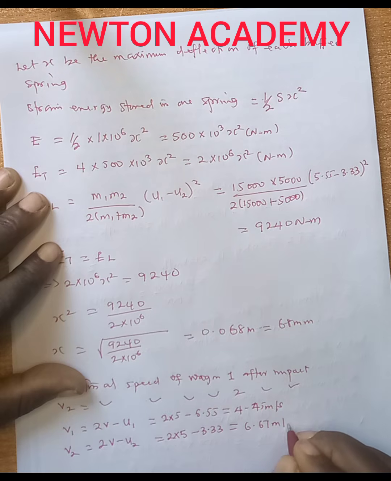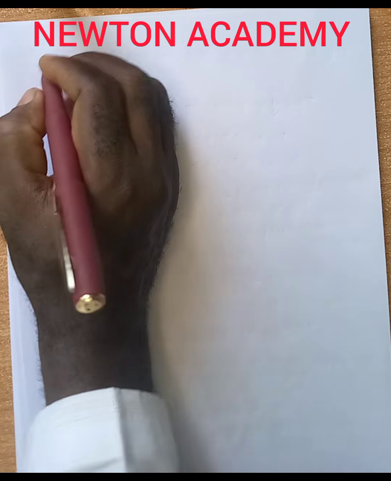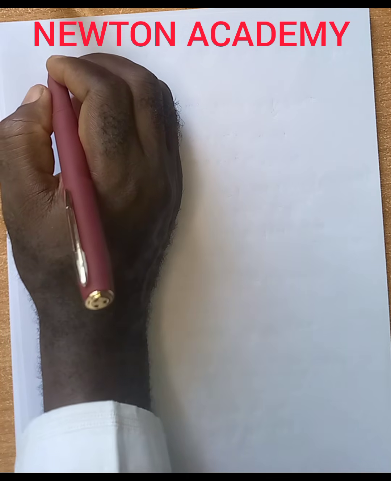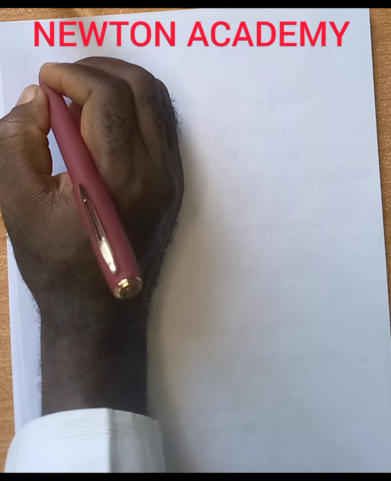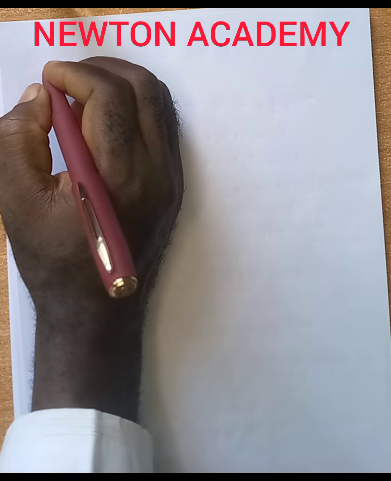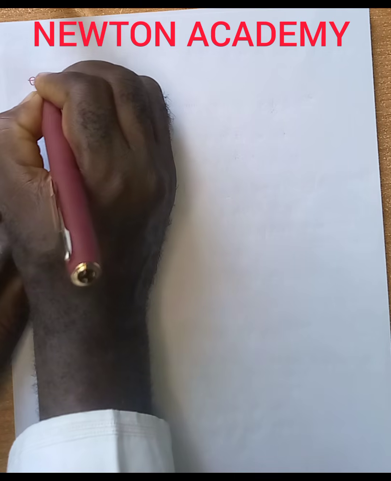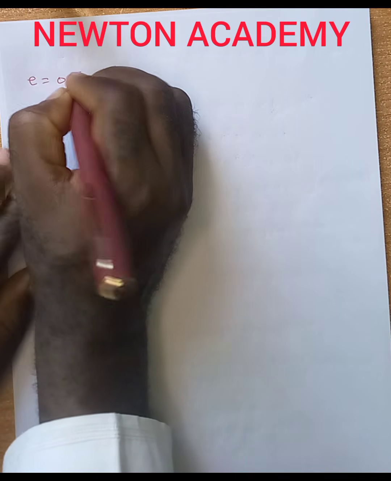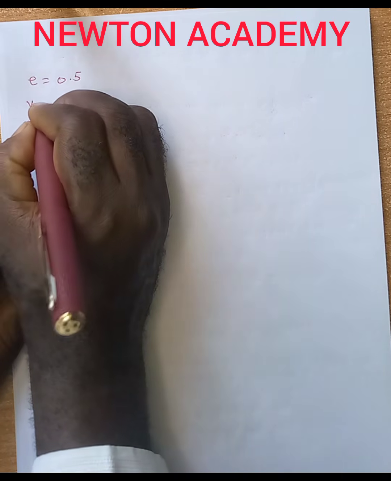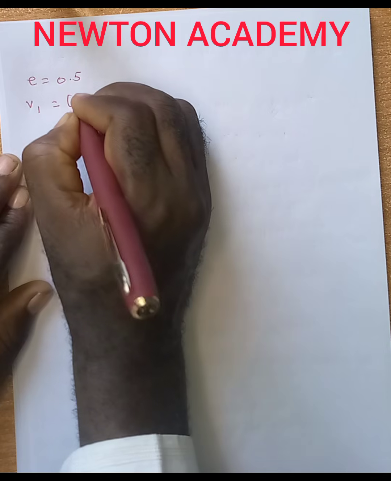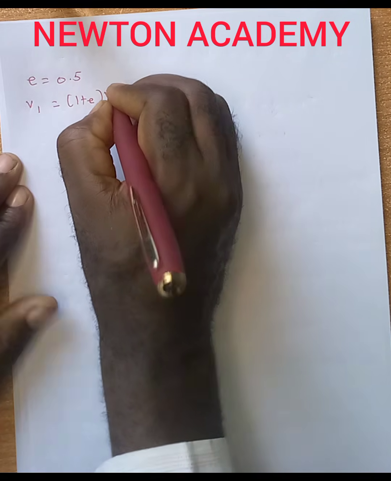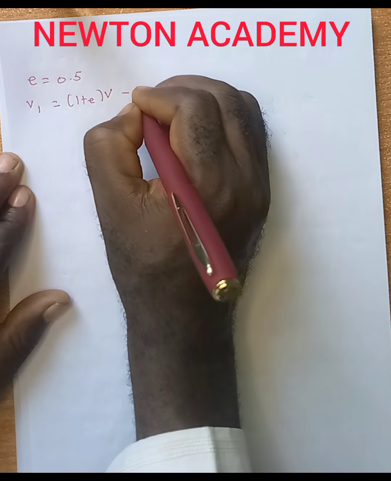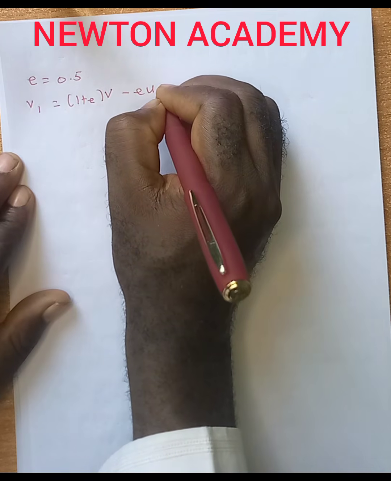Since E, the coefficient of restitution, is given as 0.5, we must take it into account. That is, E is equal to 0.5, then V1 is going to be equal to (1 plus E) multiplied by V minus EU1.